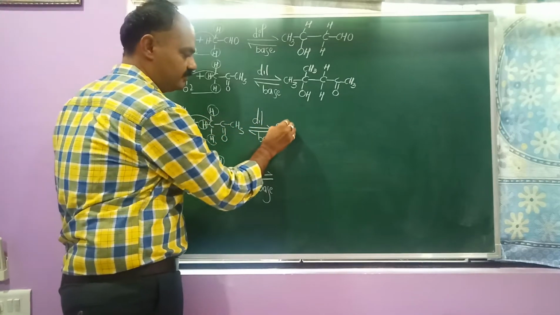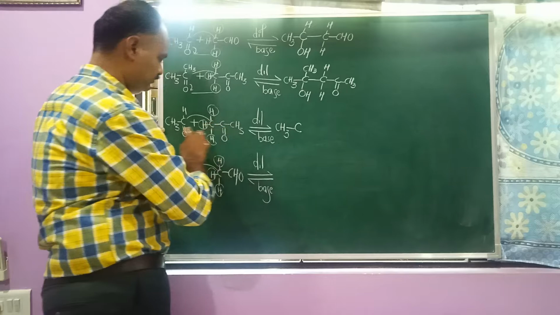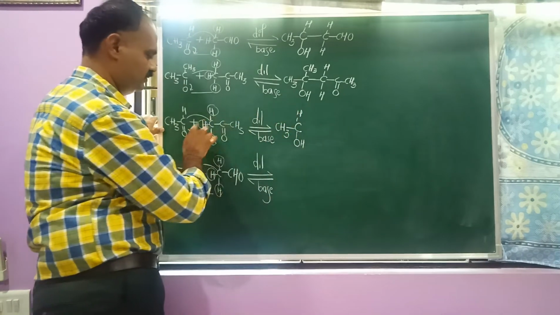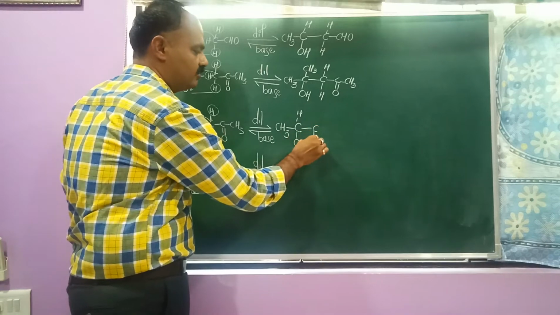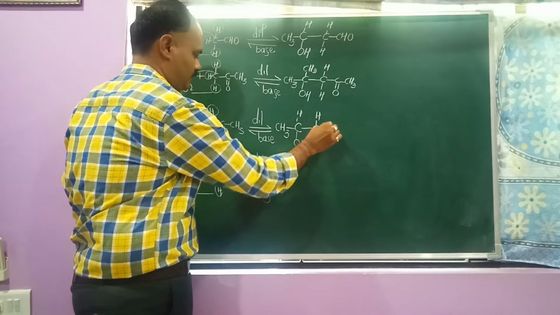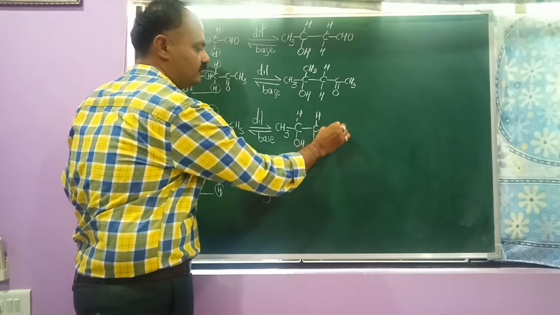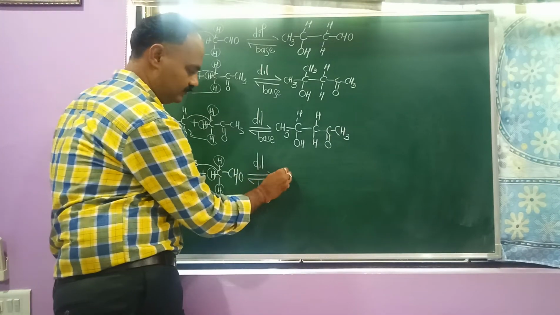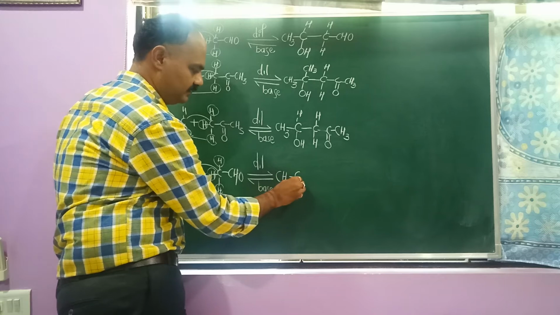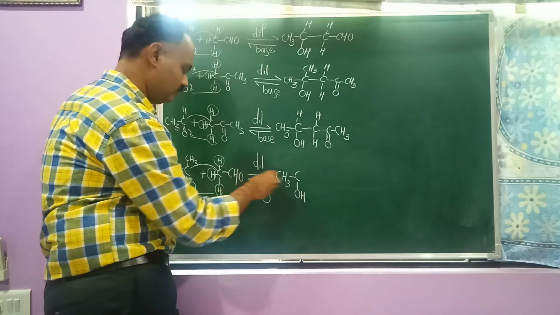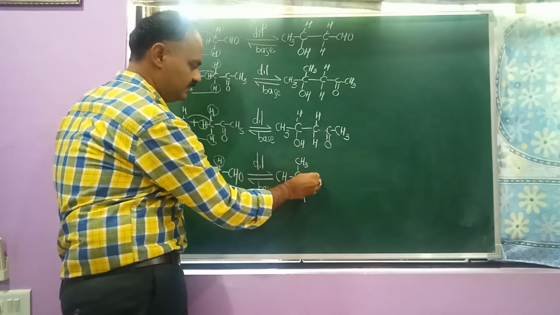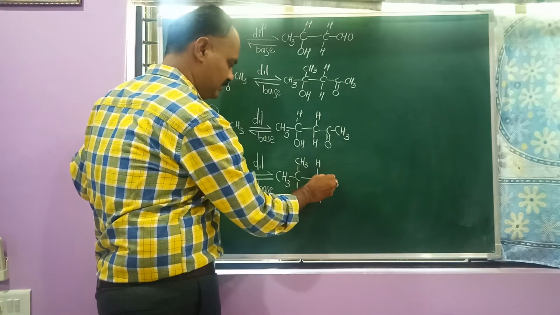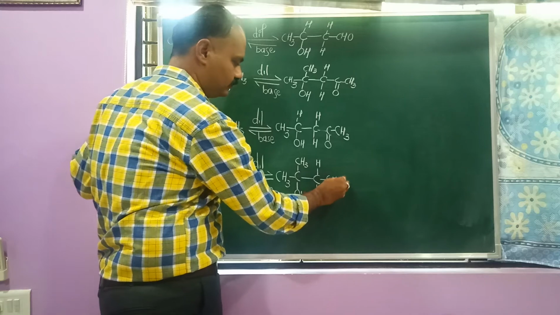CH3 group first, then carbon. Here we have OH, H, then carbon containing 2 hydrogen, C double bond O CH3. In this case, CH3, carbon, OH, CH3, carbon, H H, CHO.